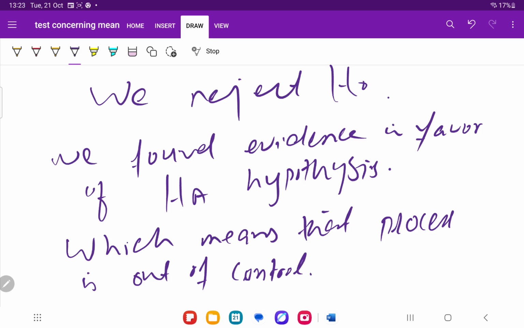So considerable action is to be taken to control the process, because if underweight or overweight is going on, your cost will be increasing, or you might lose your customers because of the underweight. Those are two possibilities.